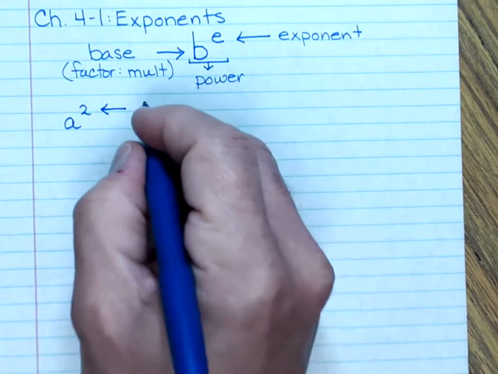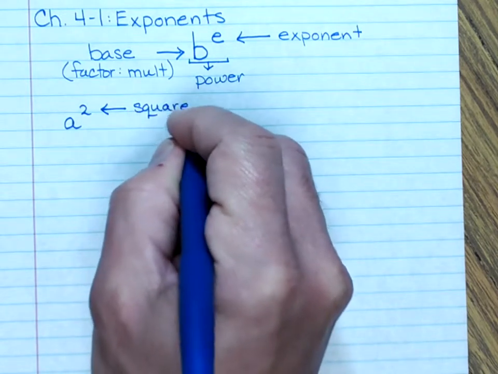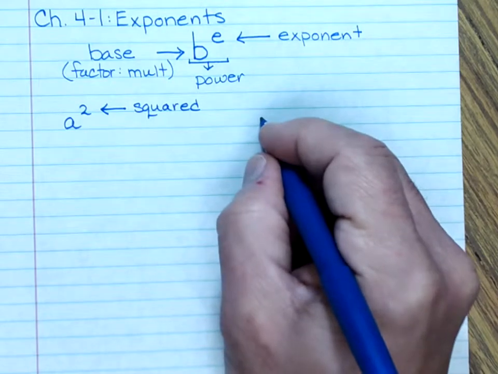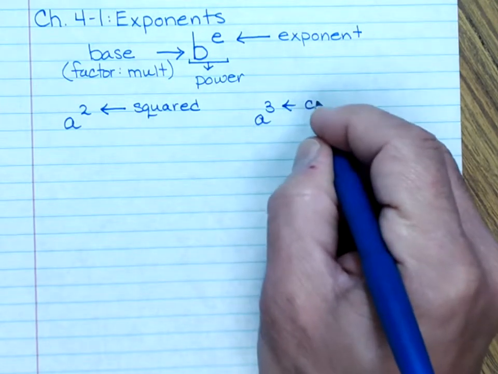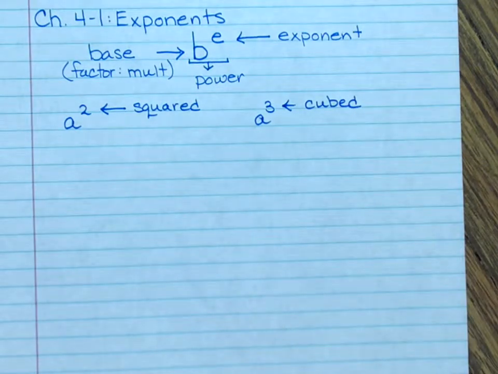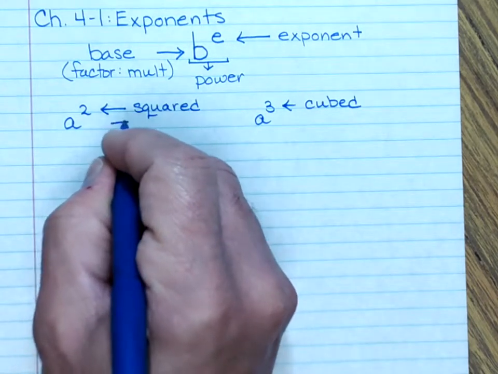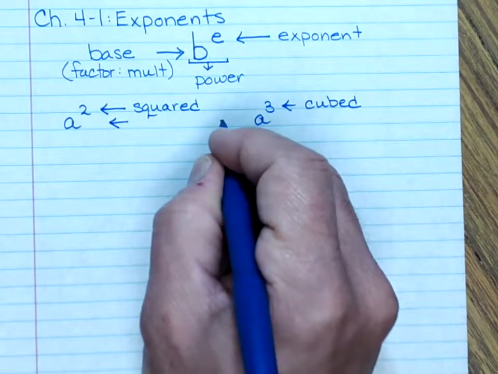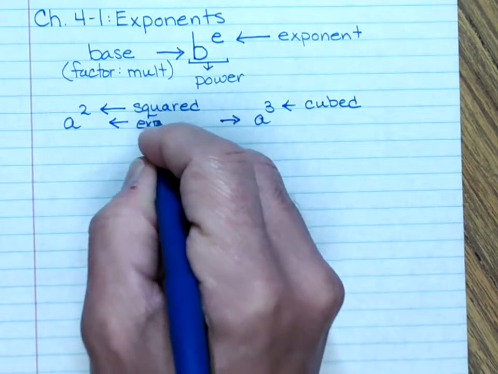Anytime you see an exponent of 2, this is pronounced squared. Anytime you see an exponent of 3, this is pronounced cubed. Right now, this and this are called exponential form.